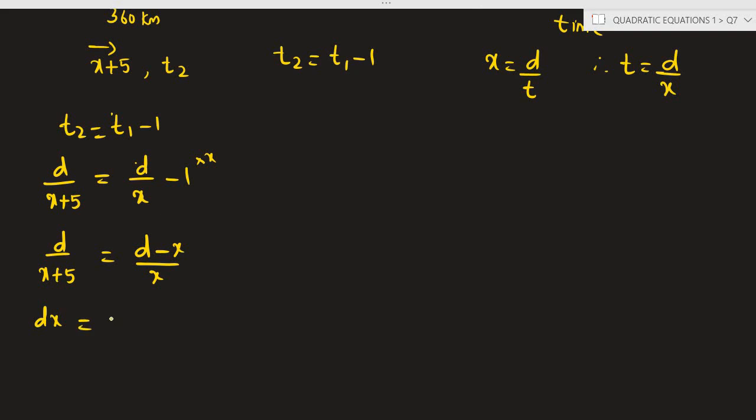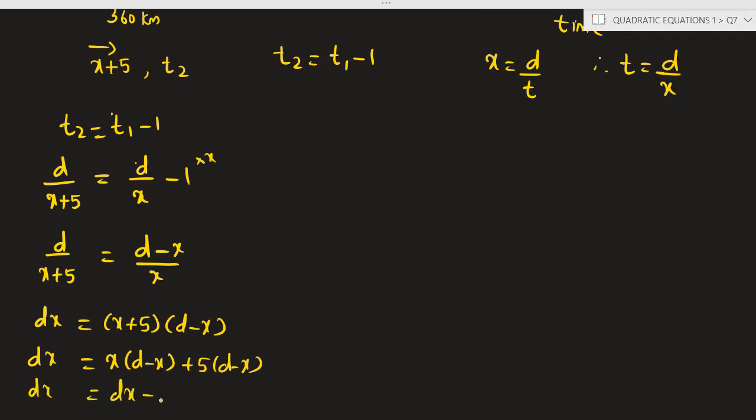dx is equal to x plus 5 into the bracket d minus x. What happens? dx is equal to x into d minus x plus 5 into d minus x. What happens now? dx is equal to dx minus x square plus 5d minus 5x.